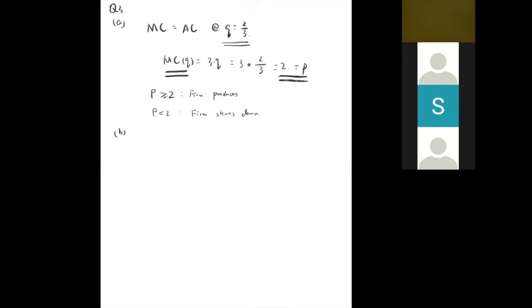And then for part B, what is a firm's individual supply curve taking into account its shutdown condition as a function of price? So basically, it's just asking you what is QS as a function of price.